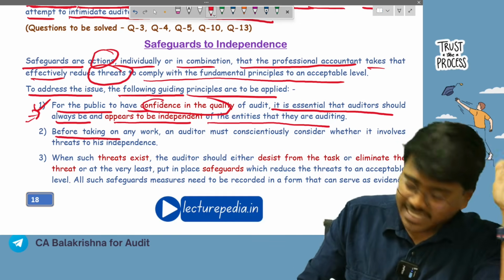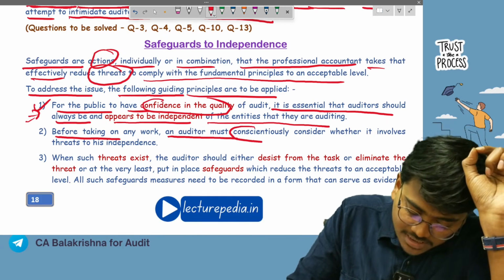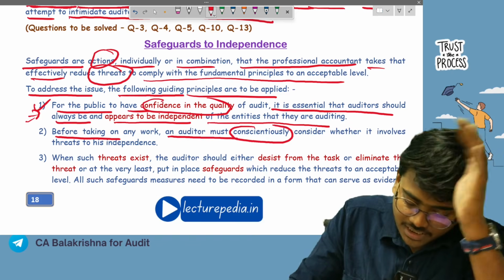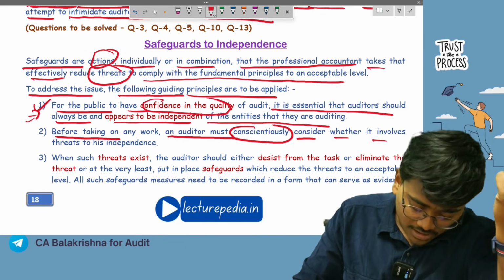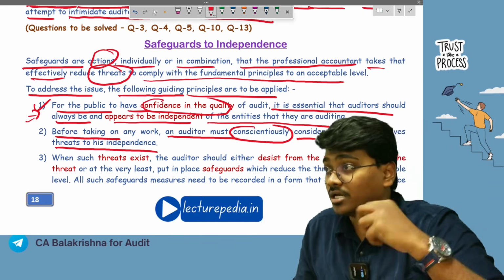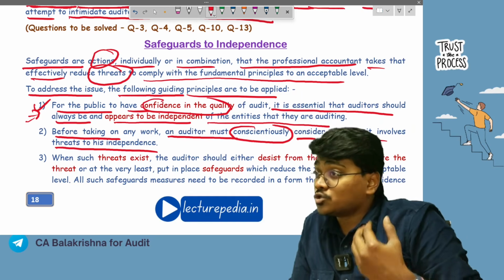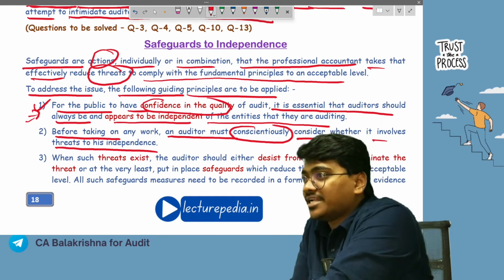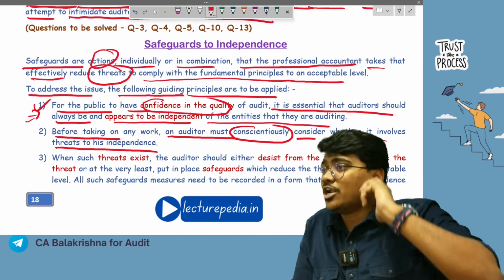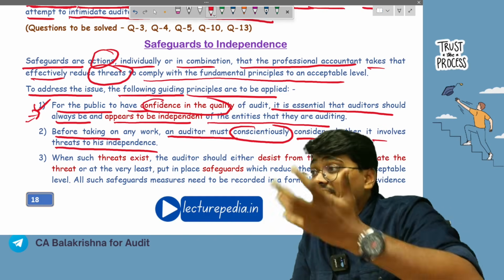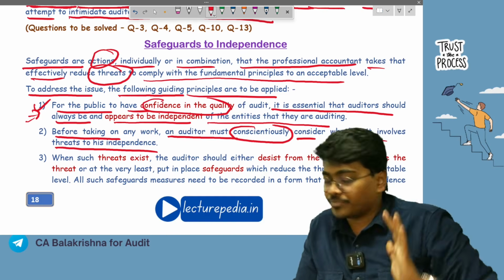Now, before taking on any work, the auditor must conscientiously, that means carefully, consider whether it involves threats to his independence. Since users are expecting the auditor to be independent, while accepting any work he should carefully determine whether there will be any threat to his independence if he accepts this engagement.